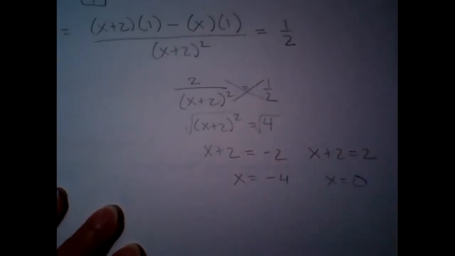Now you would have to plug those back into the original function to get the whole point, but because this is multiple choice, you're able to just pick your answer. We want the ones that have a 0 and a -4 for their x values, and so that's C. So you can plug them back in if you want to, but it's multiple choice, so you can just pick the answer by looking at the choices.